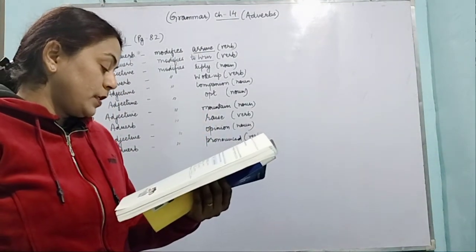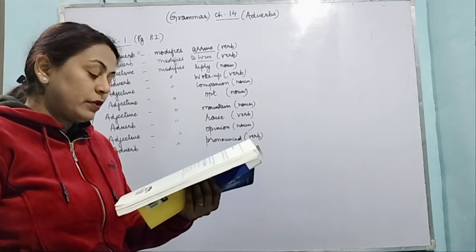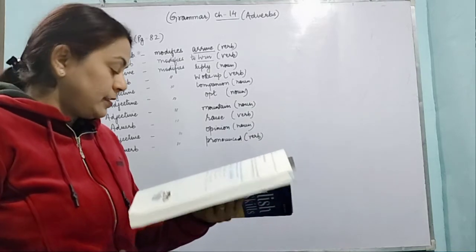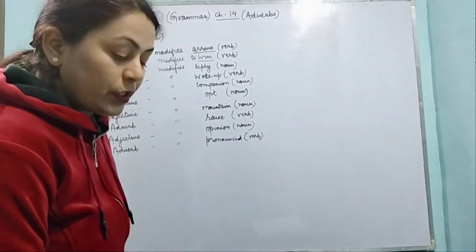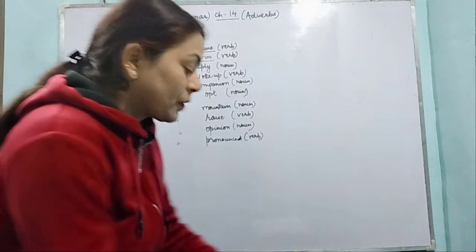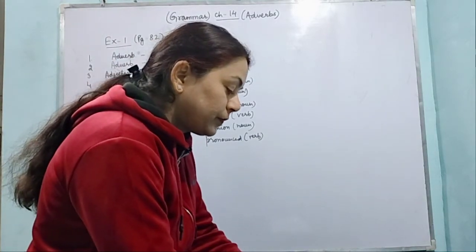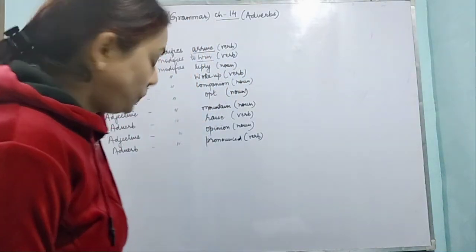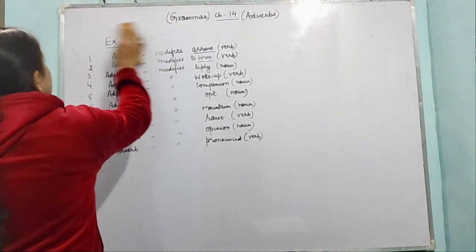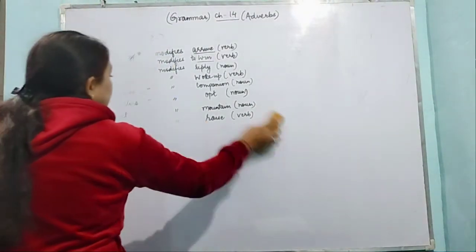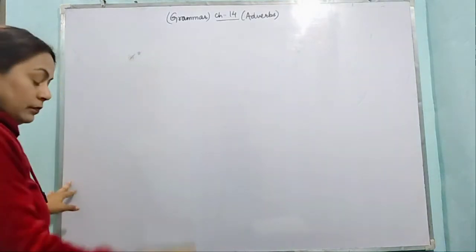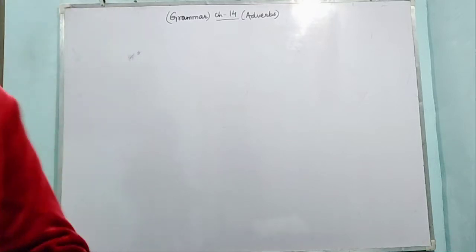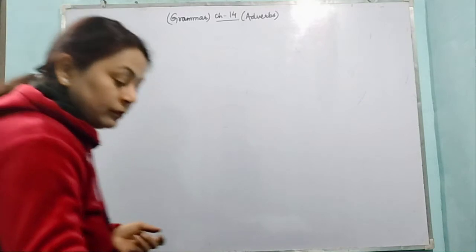Exercise number 2, form sentences to illustrate the use of the following words as an adjective and as an adverb. So you have to do it yourself. I am giving you this as homework, that you will do this yourself. Do this exercise as homework.